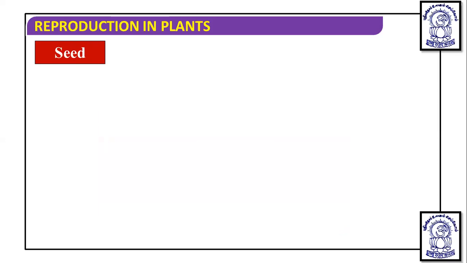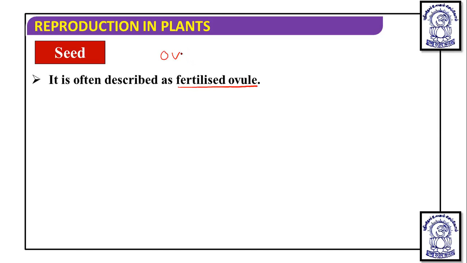If we talk about seed, you know that it is often described as a fertilized ovule. Dear student, it is described as a particularly fertilized ovule, which means the ovule is getting transformed into seed.